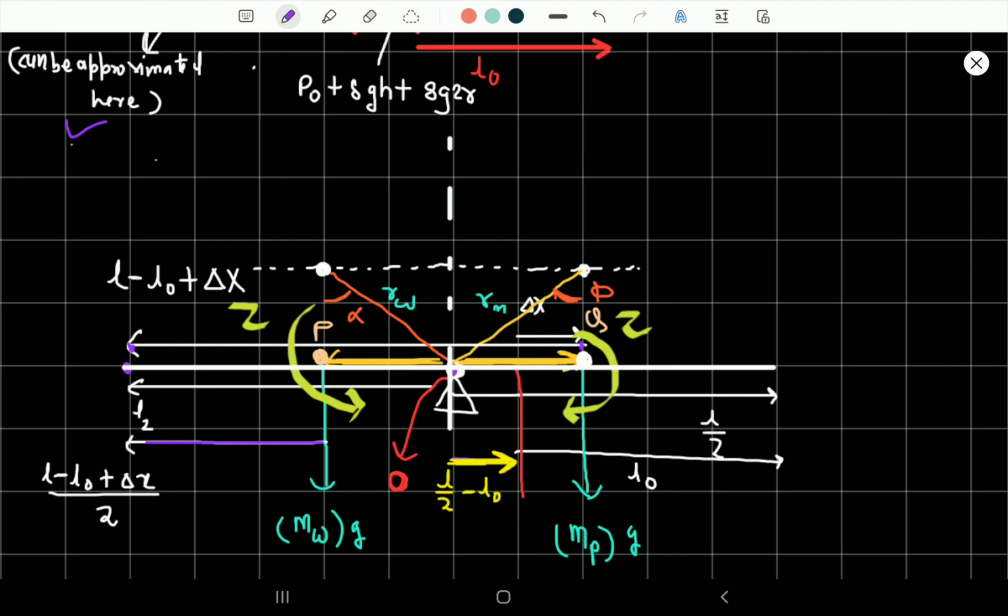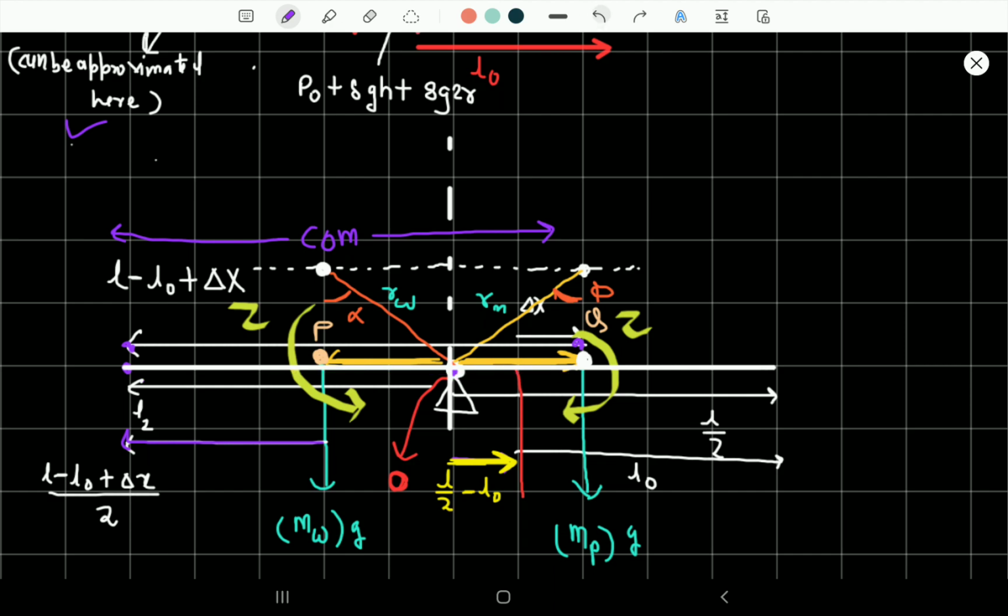Now this length is half the total extent from here to here, because the center of mass is located exactly at the midpoint of this total length, and this total length can be written as this length plus this length plus this length.